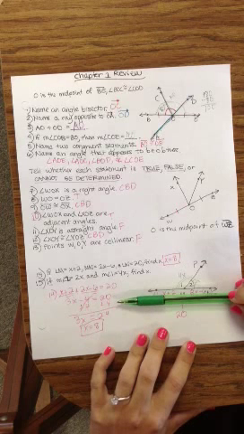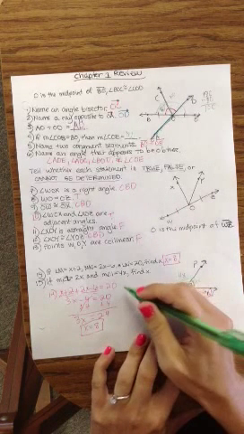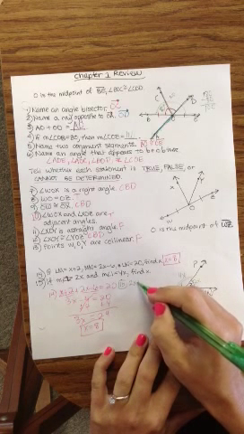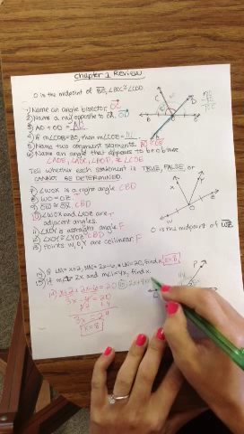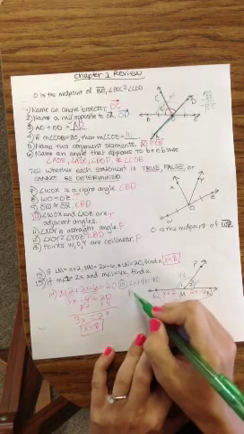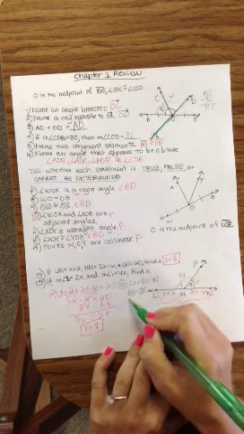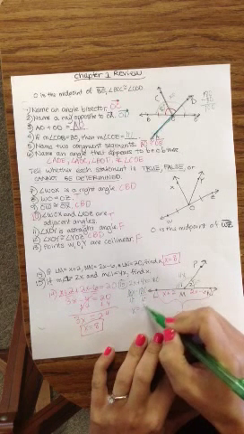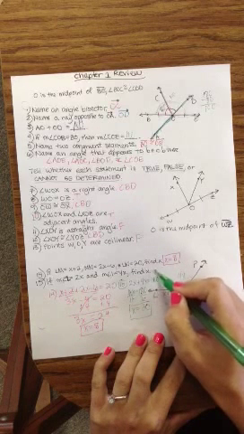That means they must add up to 180. So my equation is 2x plus 4x equals 180. Combine like terms: 2x plus 4x gives us 6x equals 180. Divide by 6, so x must be 30.